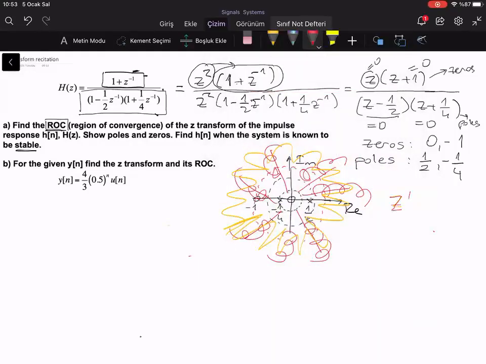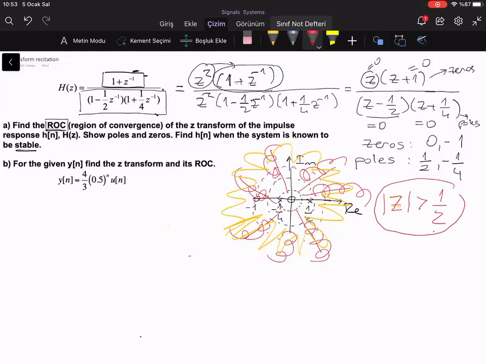Z will be greater than 1 over 2, which is the orange or yellowish area, right? Z greater than 1 over 2, because I'm shading the area outside of 1 over 4 and 1 over 2. The intersection is the area that is greater than 1 over 2.